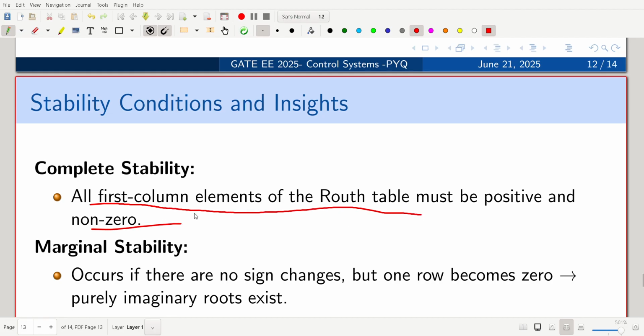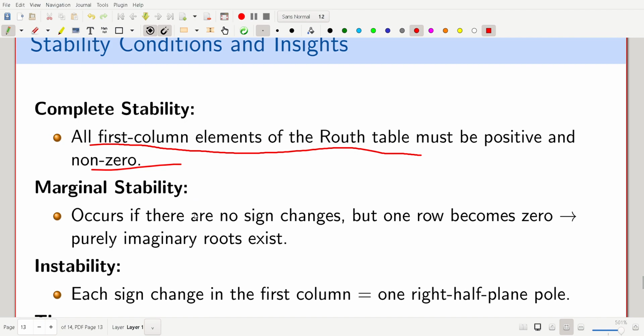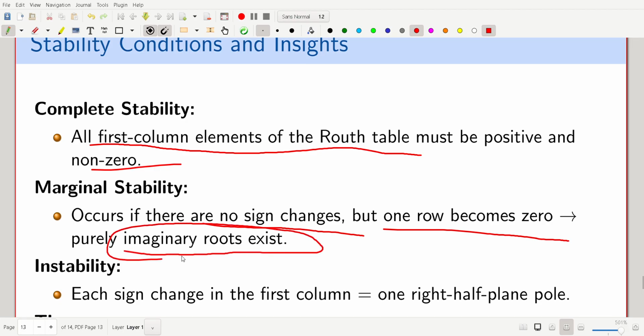Marginal stability occurs if there are no sign changes, but we found one row become zero. So these are purely imaginary roots. That's why I'm telling you, if there is no sign change but we observe that a row becomes zero, then we observe all imaginary poles.